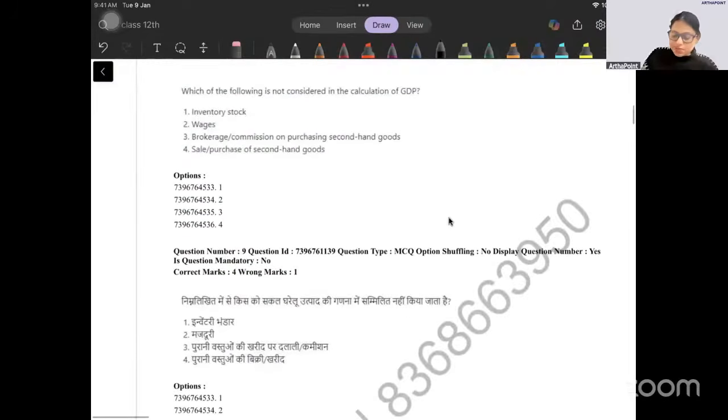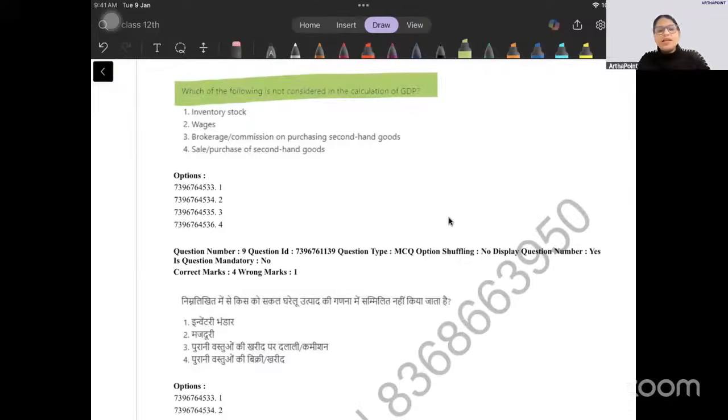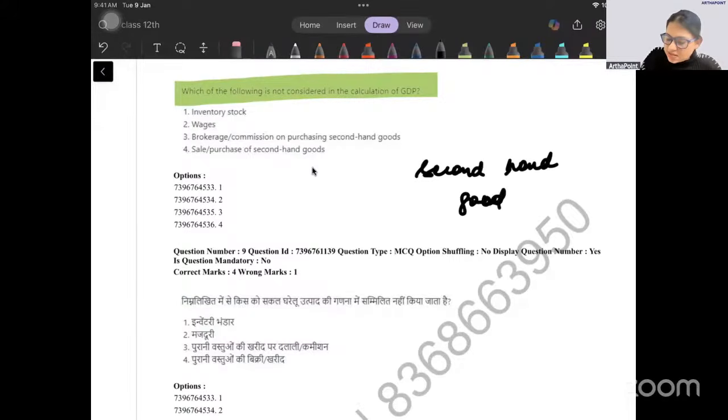Okay, next. Which of the following is not considered in the calculation of GDP? Yes, all of you are right. So whenever we talk about GDP, no second hand good is considered in GDP.